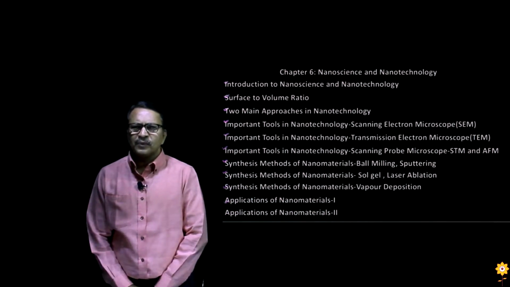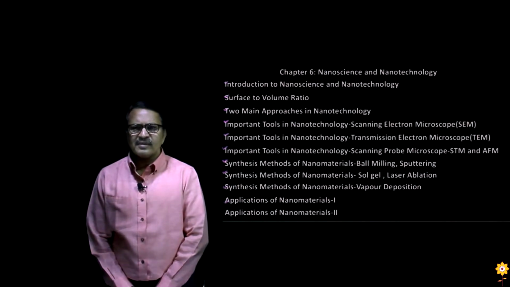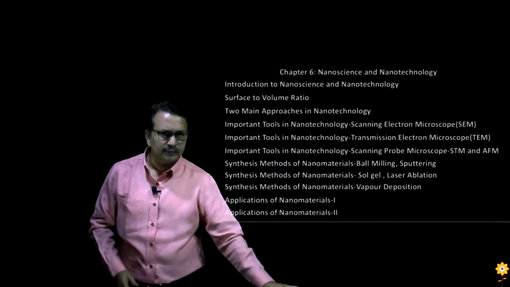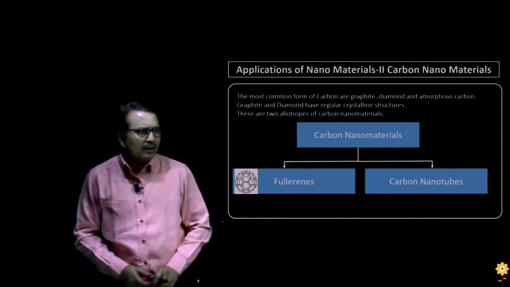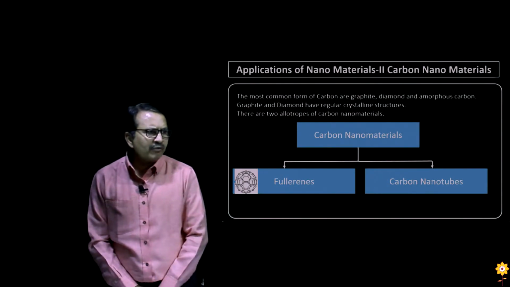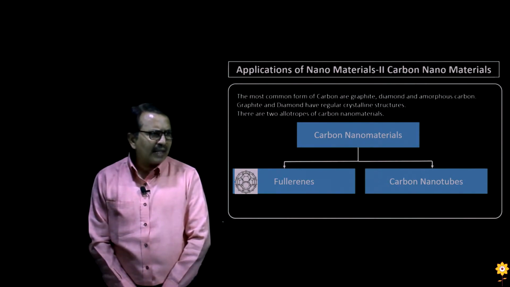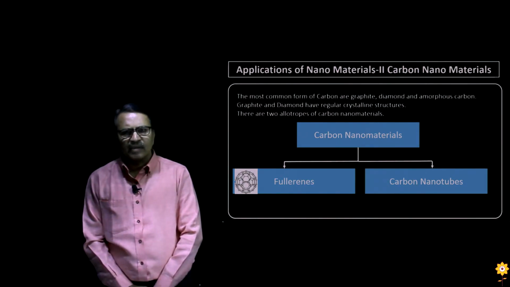Now we are going to do the applications of another important type of nanomaterial, and these are nothing but the carbon nanotubes. So the most common forms of carbon are graphite, diamond and amorphous carbon.